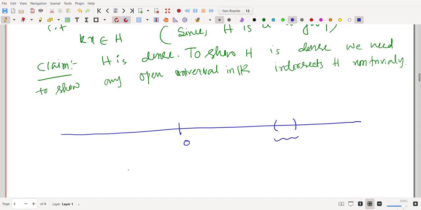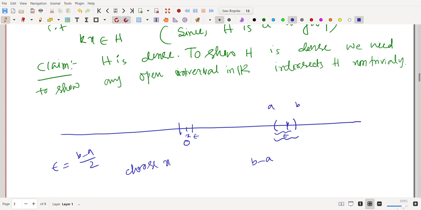Now this interval has a length, say this is a, this is b. This interval has length b minus a, right? Now take epsilon to be (b minus a) by 2, right? Say this one is epsilon. By the previous property I can choose an element x which lies here.